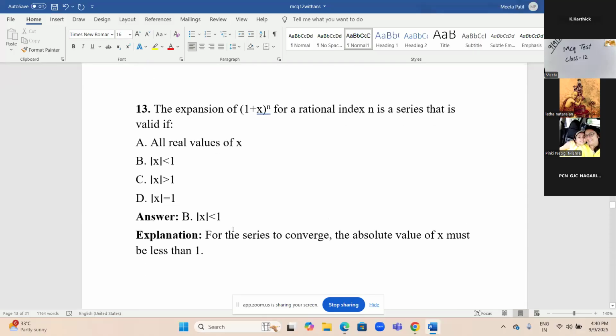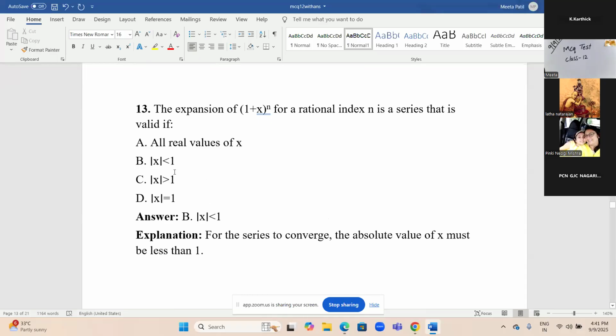And the next one, the 13th question. The expansion of 1 plus x power n for a rational index n series is valid if... Here we have used the rational index in the binomial theorem. When you call rational numbers, it is in the form of p by q, which we have already done.